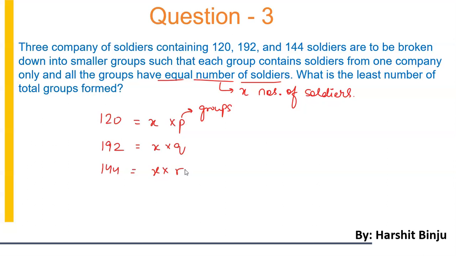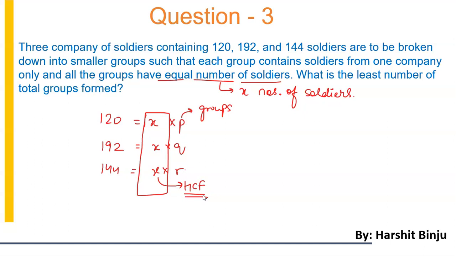Okay. So what is this X? Think about it. This X is basically the SCF. If you remember, when I taught you the SCF, I told you that a number is nothing but SCF multiplied by an integer.